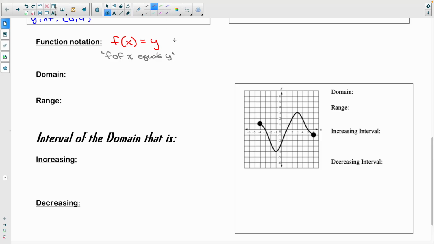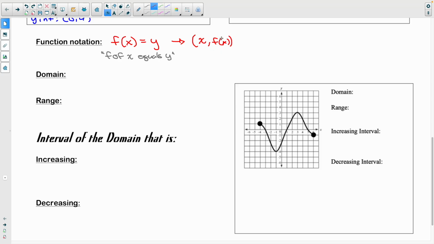So what this means as a coordinate, normally we see x comma y, but in this case our x is still x because that is the independent variable, but our y value is now f of x because it depends on the x itself and the function itself. So our y value would be replaced with f of x. And again, this is just saying the y value of the coordinate.